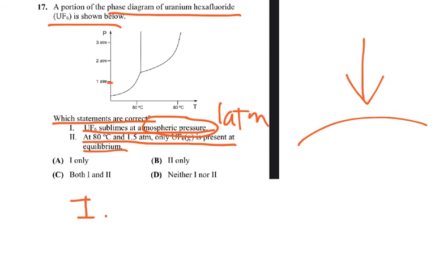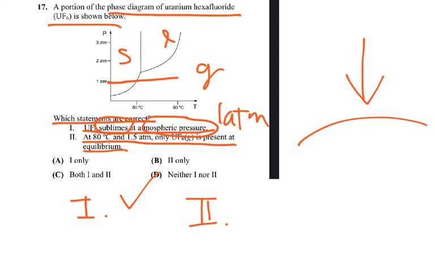So at 1 atm, it looks like, well, this will be solid and liquid and gas, and it looks like it transitions from a solid straight to a gas at 1 atm, so it definitely does sublime. So 1 is true. Now, number 2. At 80 degrees Celsius and 1.5 atm, only UF6 gas is present at equilibrium.